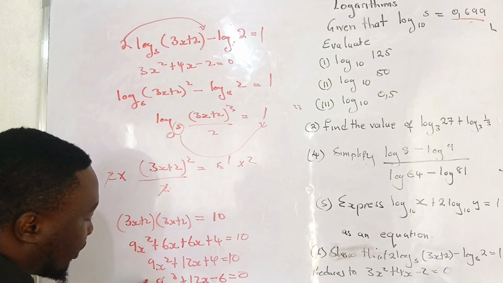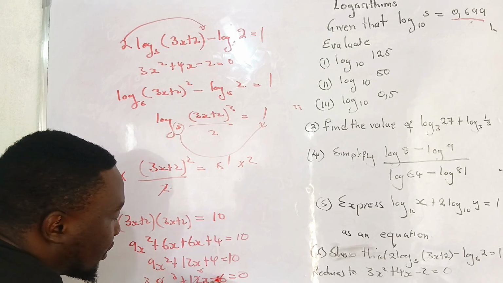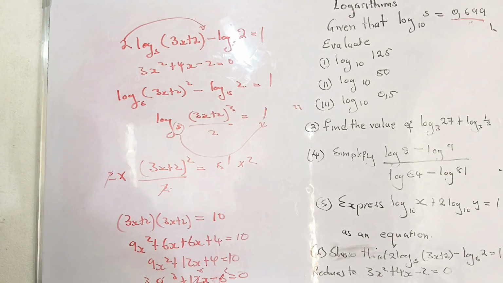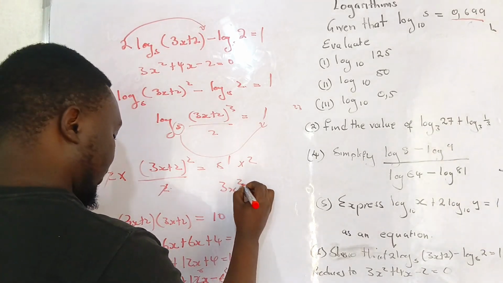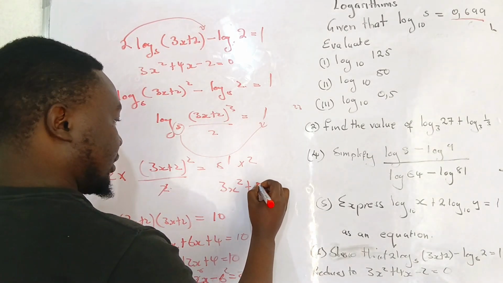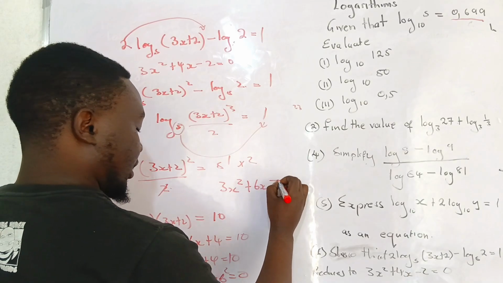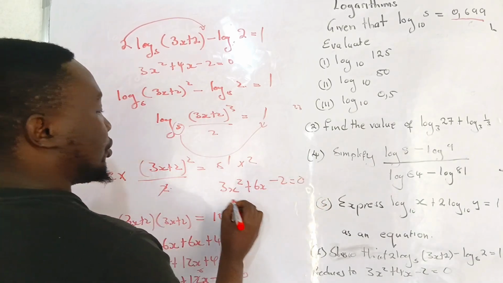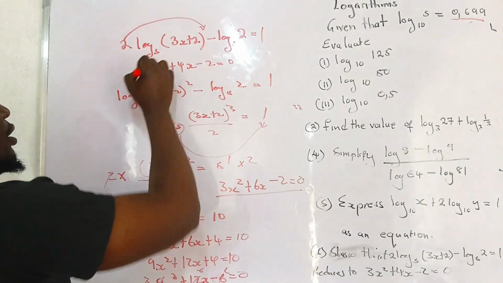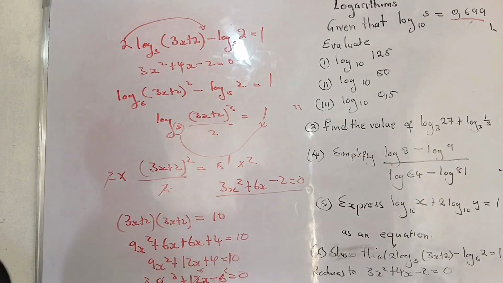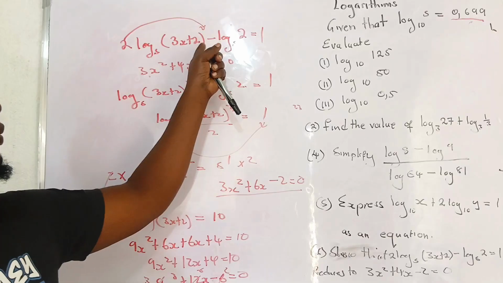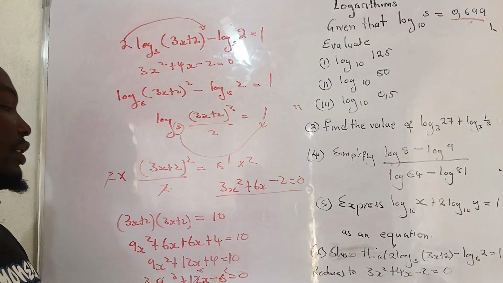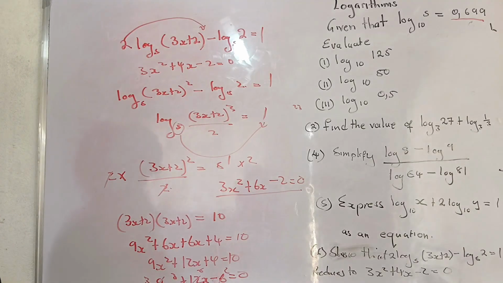So here, 3, 6, 2. So our answer is 3x squared plus 6x minus 2 is equal to 0, which is similar to this one. So we have proved that this can reduce to this.